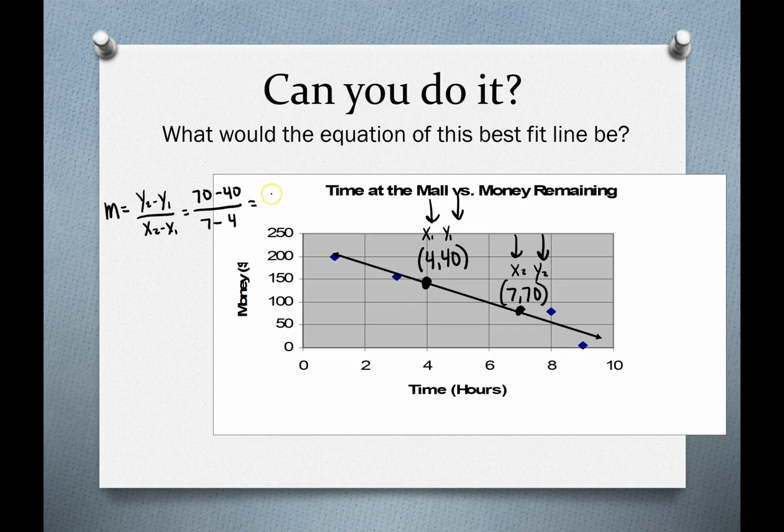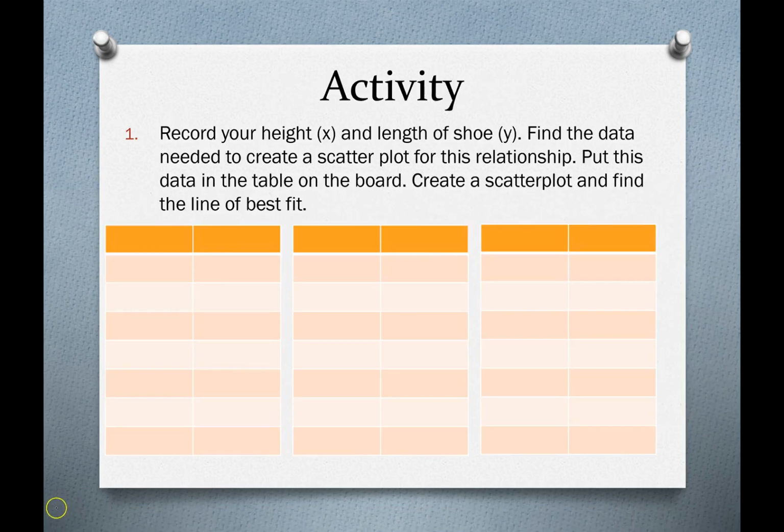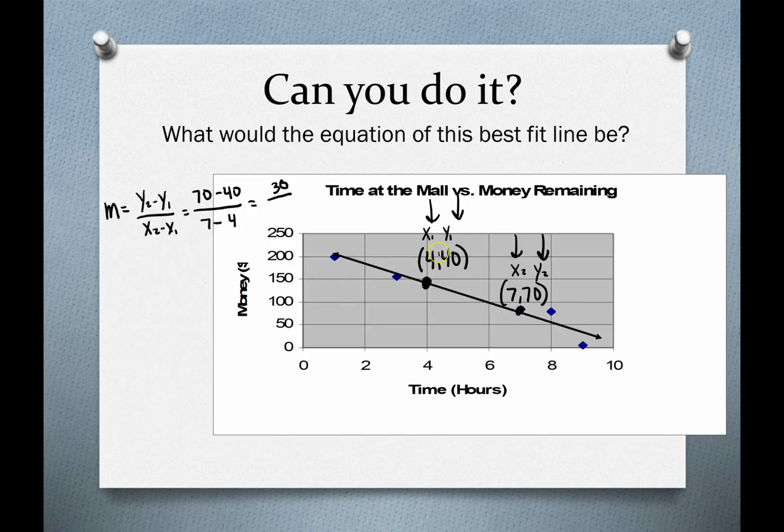Remember, order of operations, we're going to do the grouping symbols first, which means we're going to do the numerator. 70 minus 40 is... I'm just thinking right now that I should get a negative, and does everyone notice I should have put a 140 right here?